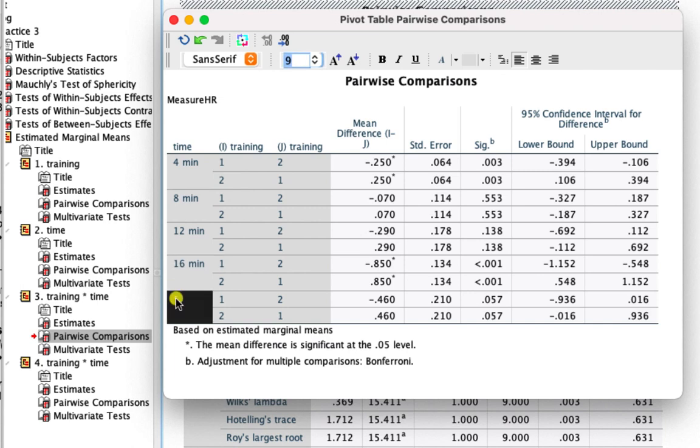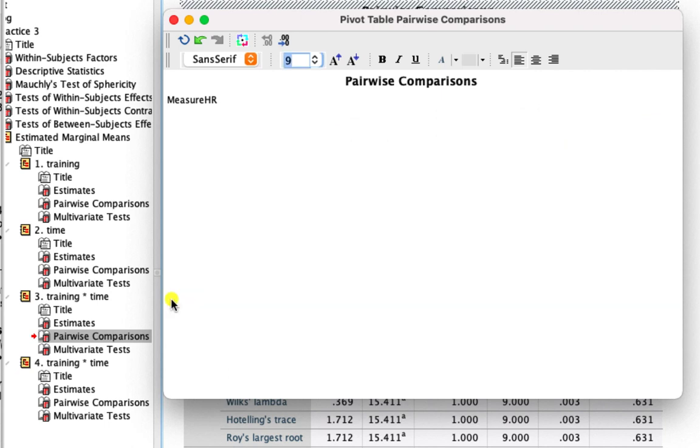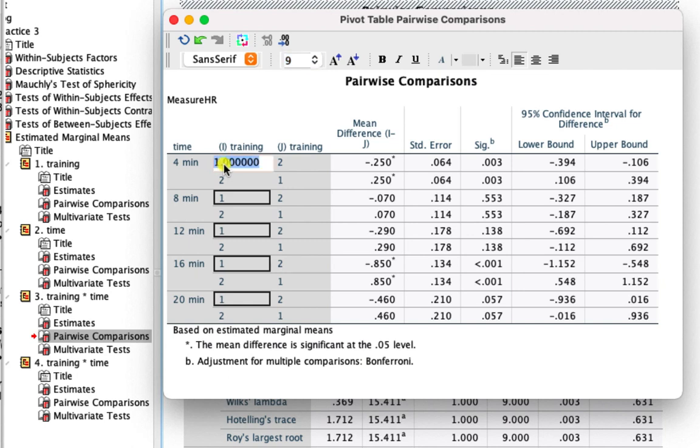So if you're like, oh, there are differences between time points 1 and 2 and time points 3 and 5 or whatever, I've done so many outputs in this class, I don't remember which one is which. So make sure you interpret everything in terms of the levels that we've identified for each variable.